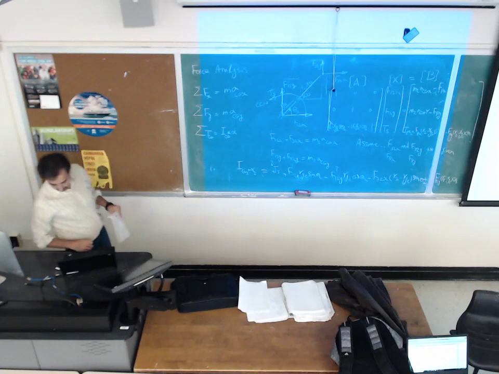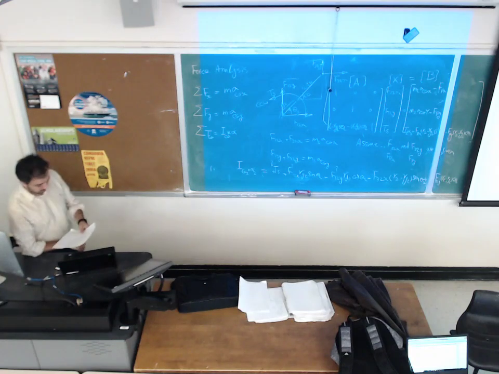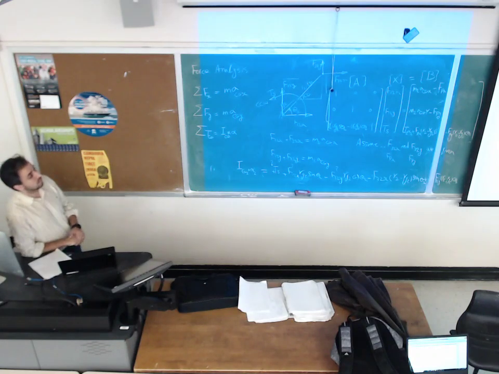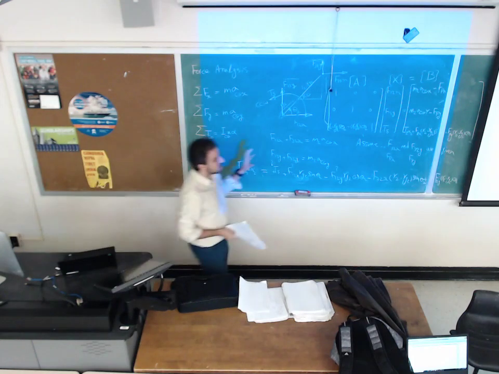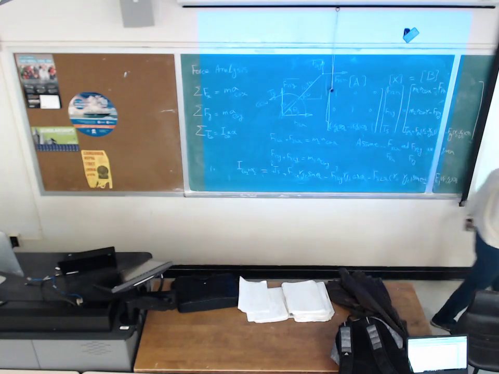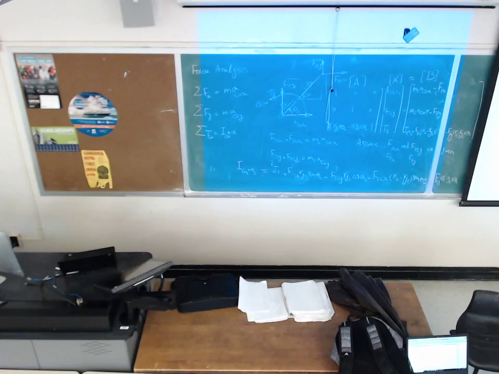How was that? It's long, but it's straightforward. So if you got confused, that's okay. You can just look at the notes again, and if you have any questions, we can discuss.